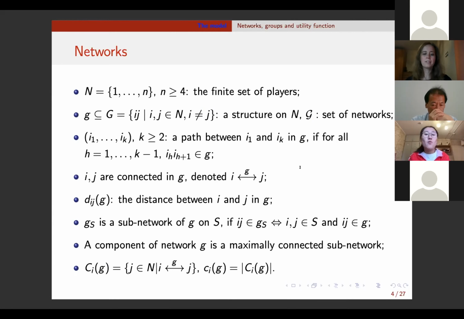The length of a path is the number of links in this path. The distance between two players in the network is the length of the shortest path in the network. A component of a network is a maximally connected subnetwork of it. And this set Cij is the set of players with whom player i is connected.